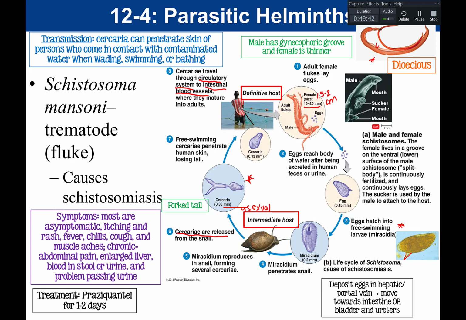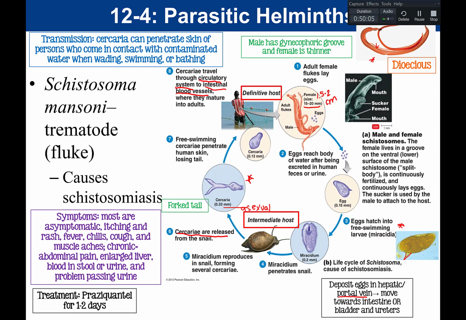The females deposit eggs in the small hepatic portal veins of the liver. So, portal vein. The eggs are moved progressively towards the lumen of the intestine.